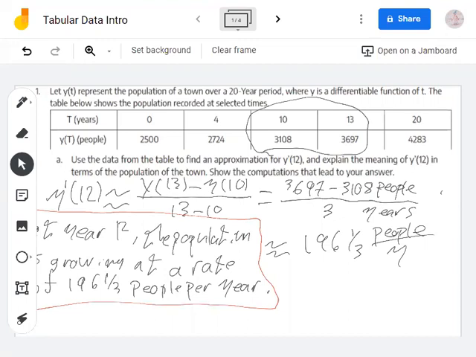Let me go back. I think I answered this. The derivative is just the slope at a point. That's how we defined it. It's the slope of the tangent line at a point. When we don't have that point, we can approximate the slope at a point using the slope between 2 points, which is how we built up derivatives in pre-calc.